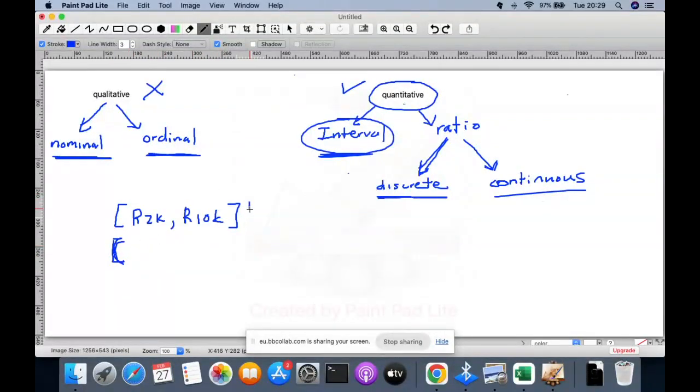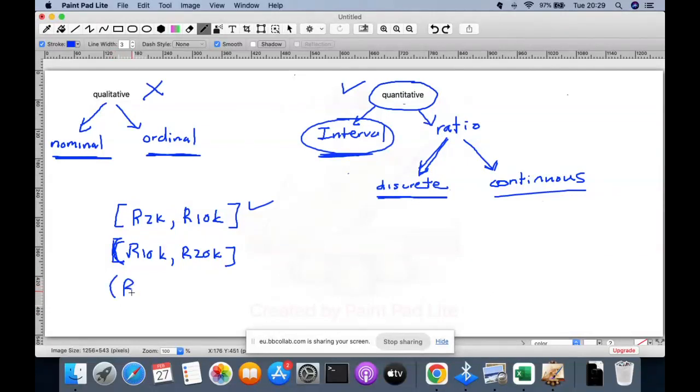So if you were 10K, you would fall in this bracket. The round bracket means even though 10K is here, you don't include it. So if you make even a cent more than 10,000, you're in this bracket. So 10K to, let's say, 20K, and I'll do one more bracket here just to make it easier for me.